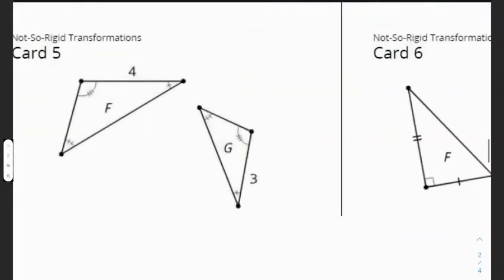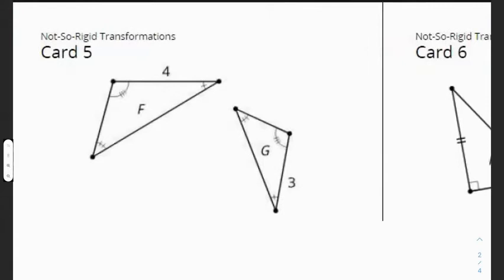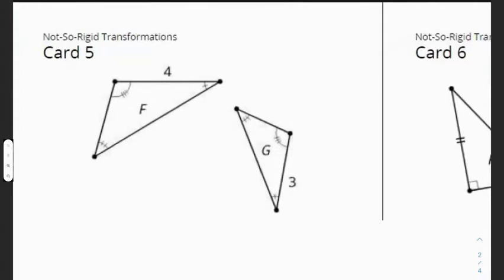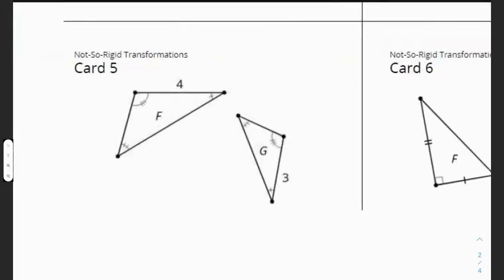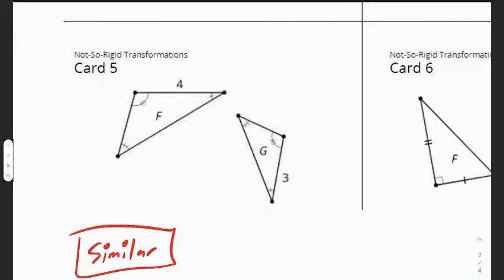Card 5. Their angles appear to be congruent. Their sides are different. I would say similar. They look similar, definitely not congruent, but I would put a strong indicator that that's probably similar.